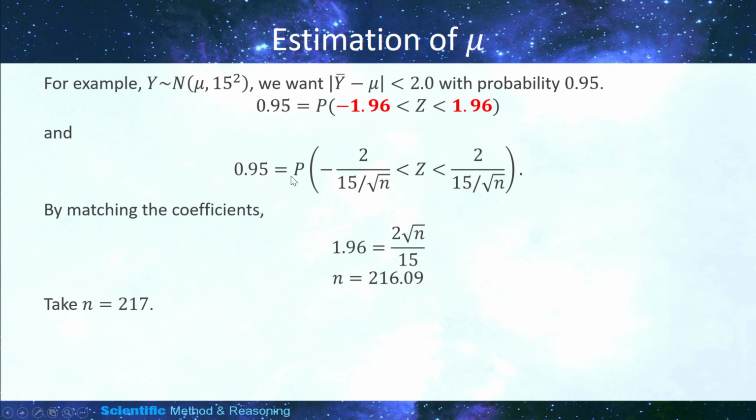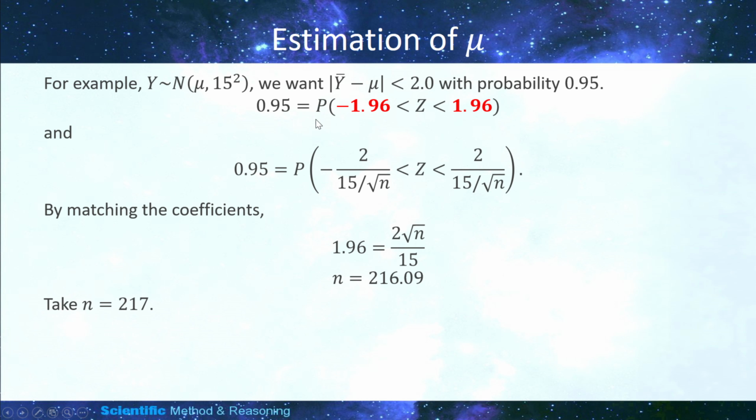When we want to estimate the population mean with enough accuracy, we would like to control the estimation error to be within 2 units so that we can have some accurate result. How large a sample size is required? Okay, from this calculation, we need to have a random sample of 217.